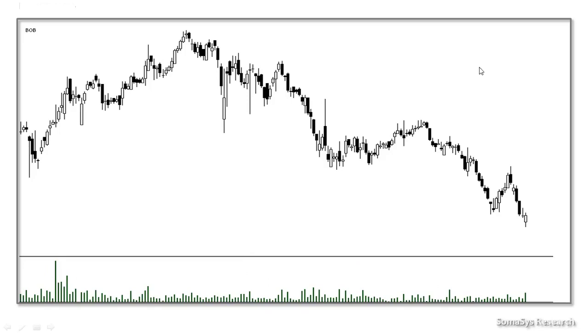In this chart, we are again going to probe into the rising wedge, but as a continuation pattern. Now, wedges are typically reversal patterns, but they also tend to evolve as a continuation pattern. This stock chart has been in a downtrend and then gives a brief rally.